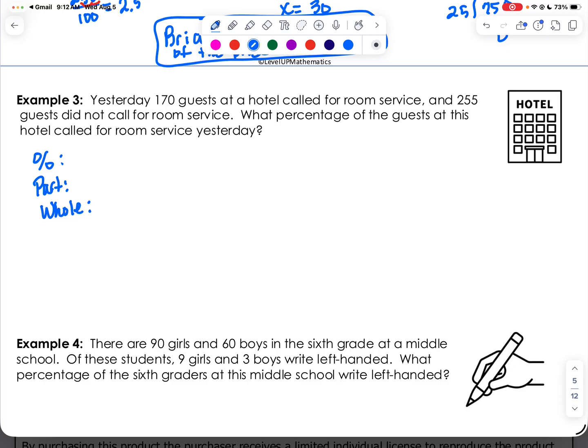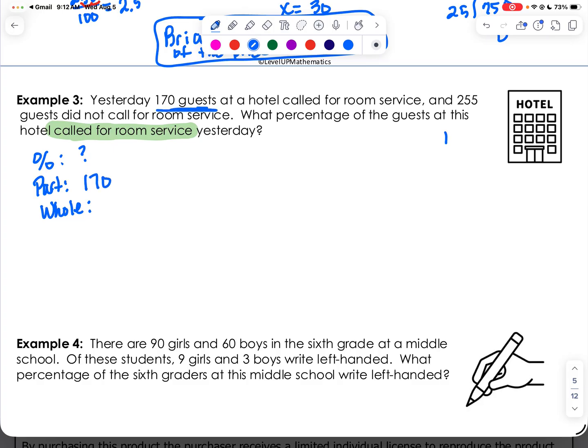Our percentage, again, that's our unknown. We don't know that. And we're looking for the percentage that called for room service. So I know 170 guests called for room service. So our part is 170.